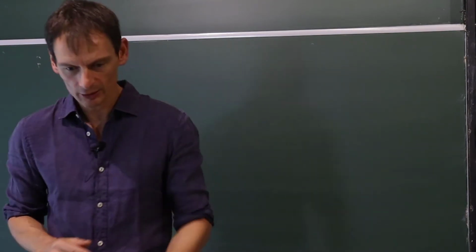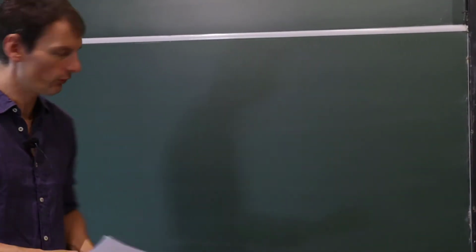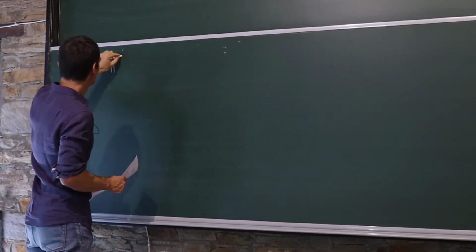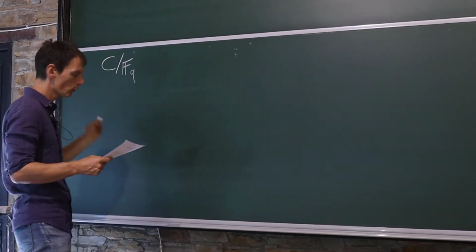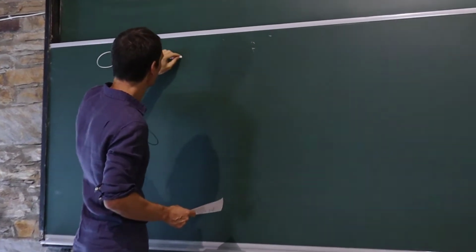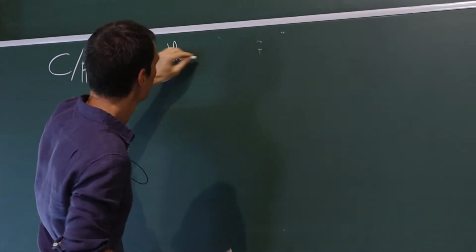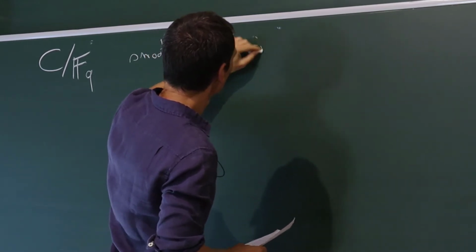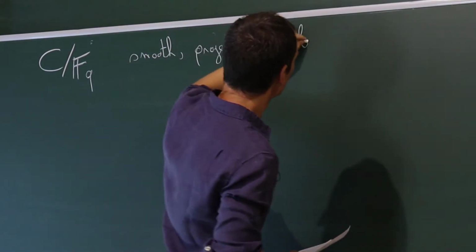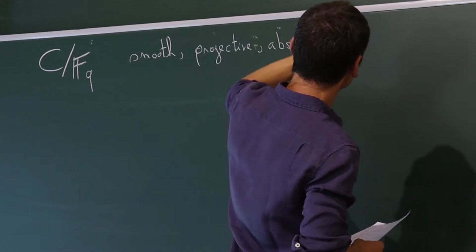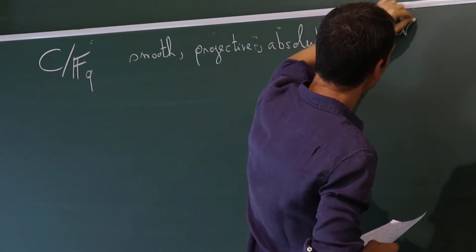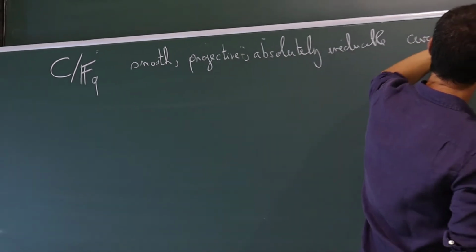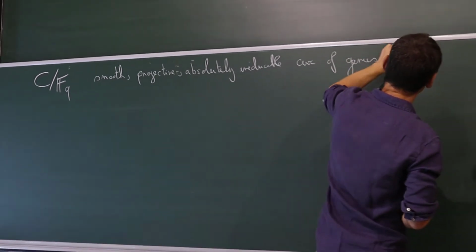So let me start by explaining a bit more about this Weil conjecture. As usual, we start with a curve C over F_q. C, let me remind you, is going to be a smooth, projective, and absolutely irreducible curve of genus g.